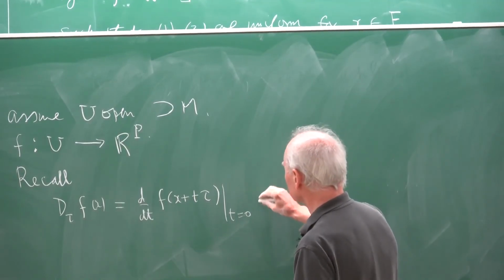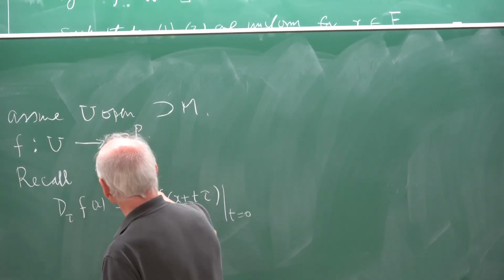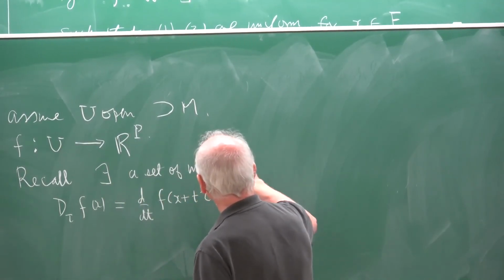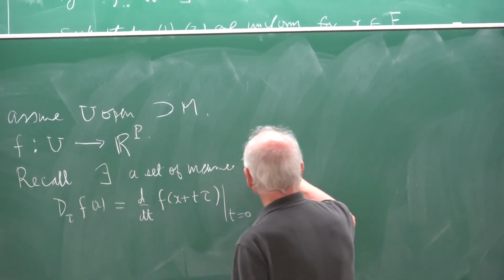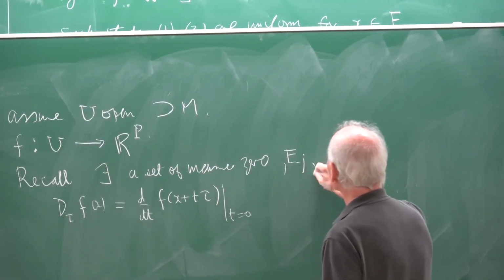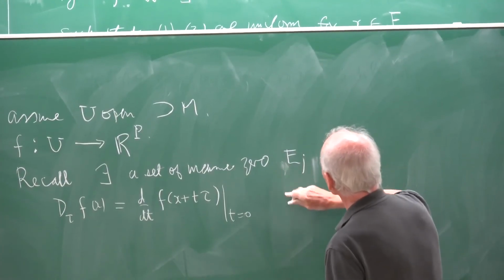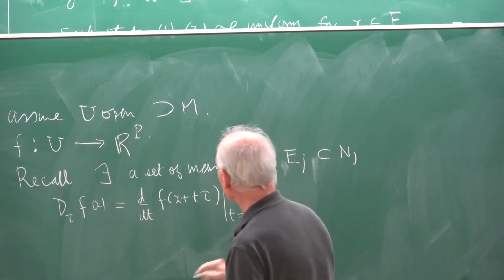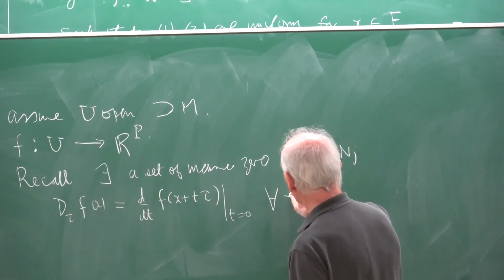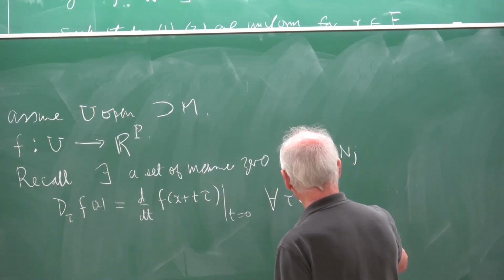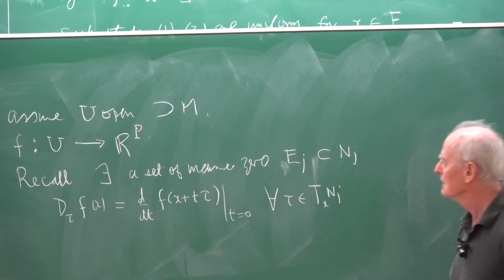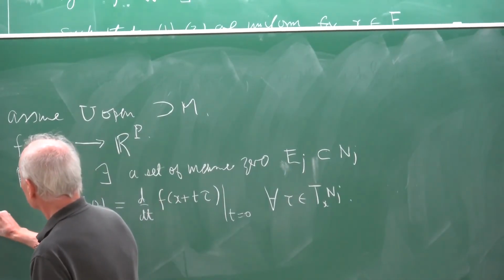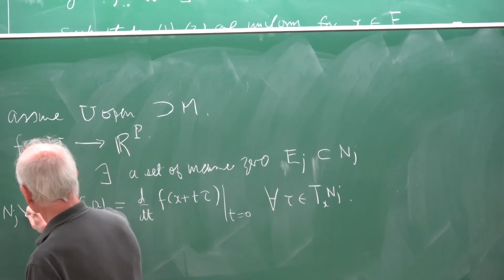That's all correct: there exists a set of measure 0, let's call it E_j, contained in N_j, such that this exists for every tau in the tangent space of N_j, and for every x in N_j minus E_j.